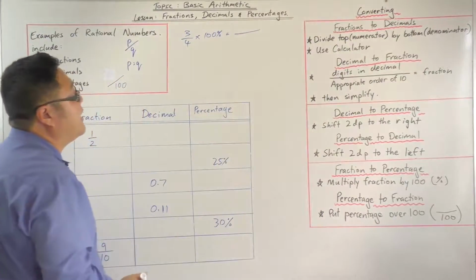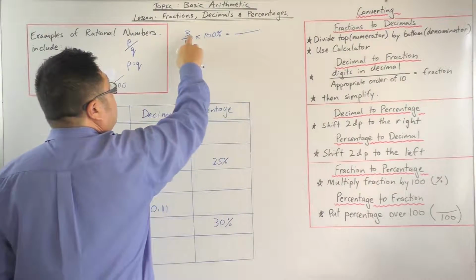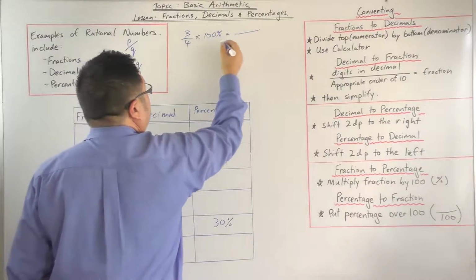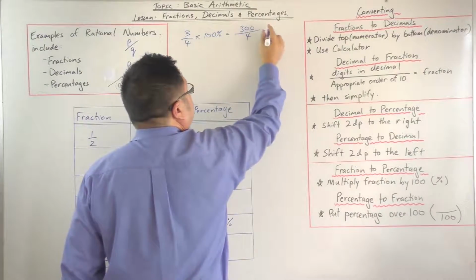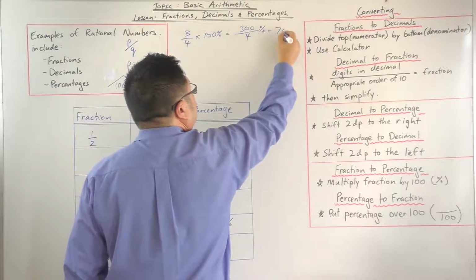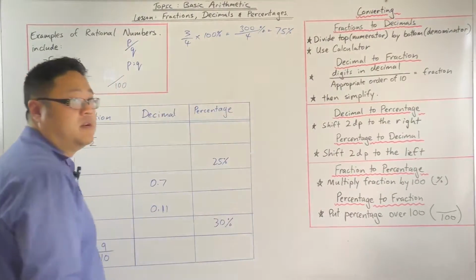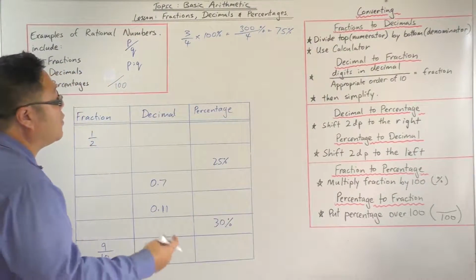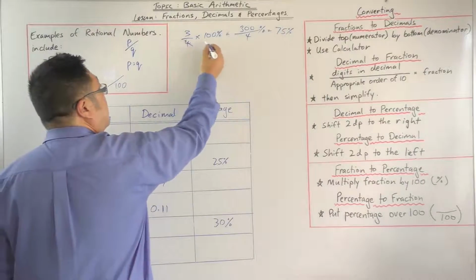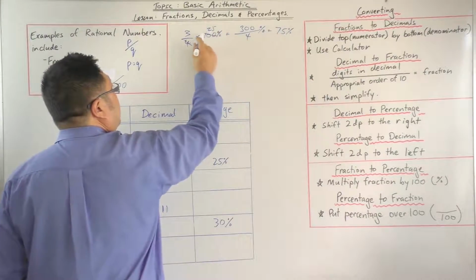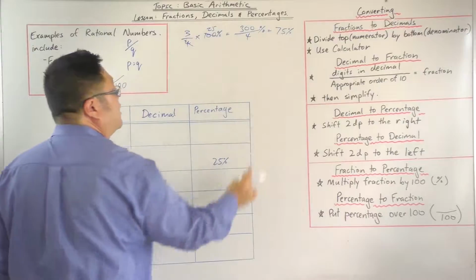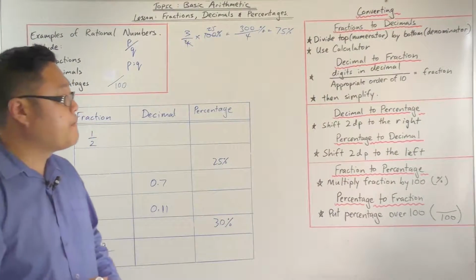Now, what you end up with is 300 over 4. How many 4s are in 300? The answer is 75%, all right? So that's going to be your answer. Or another way you can do it is, how many 4s are there in 100? The answer is 25. 3 times 25, you go straight to 75, okay?